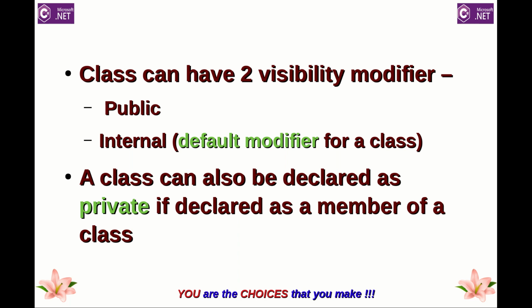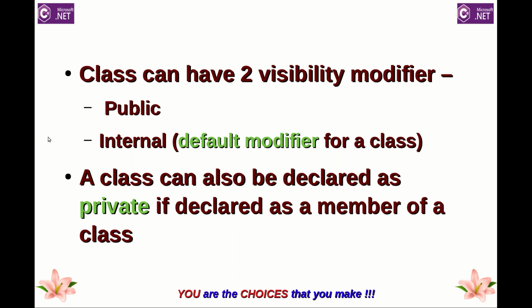So if your class is declared as a library and it is taken as a component by some other application, then it can be used for creating an object outside the application, outside the program, or outside the library also. So any class which is declared as public, the objects of the class can be created anywhere inside the application or outside the application also.